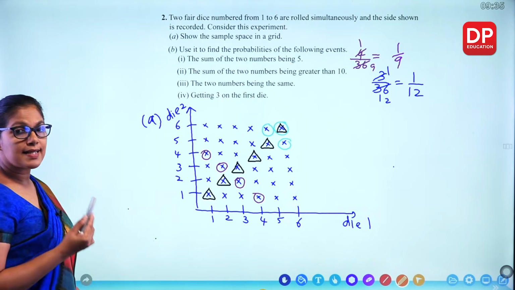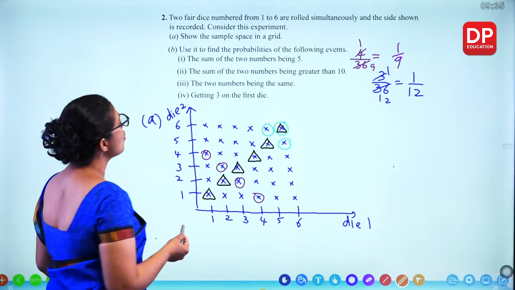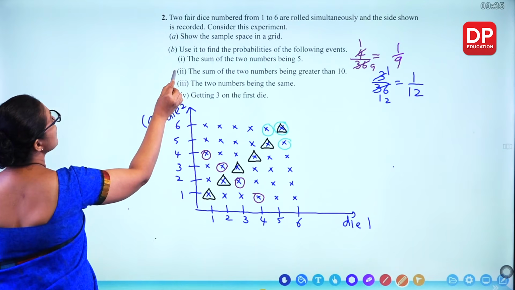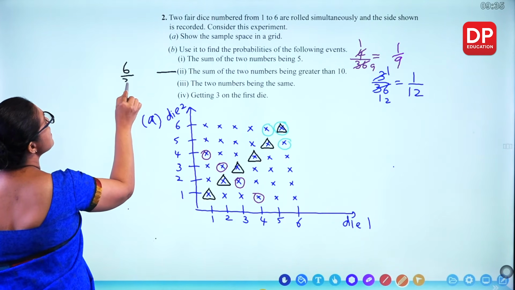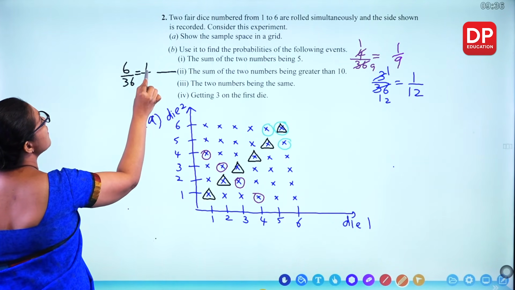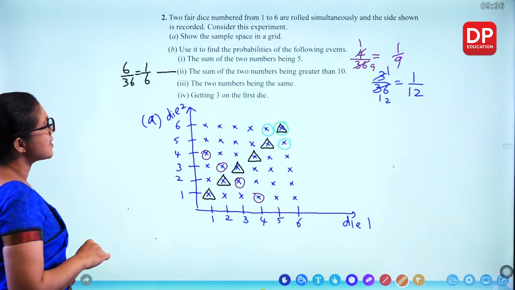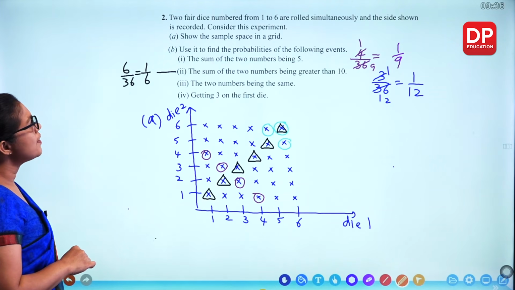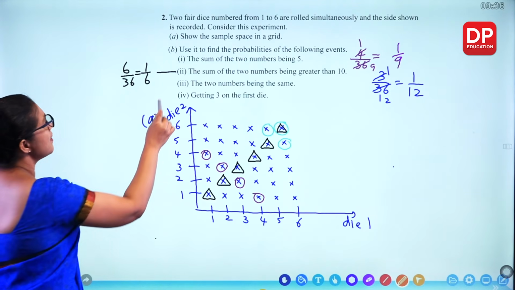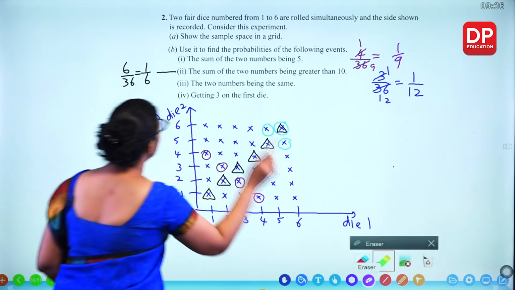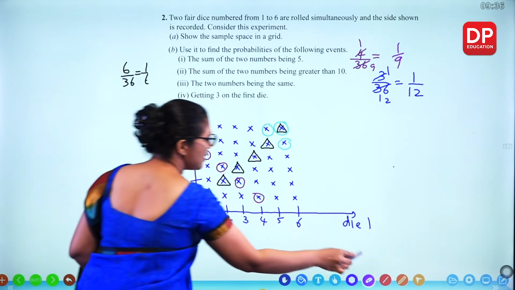So altogether 6 outcomes are there out of 36. When you simplify, I can write as 1 over 6. So that's the part we did.